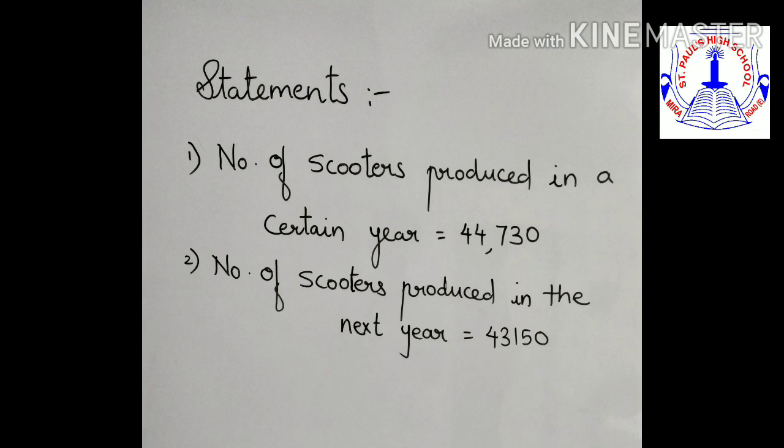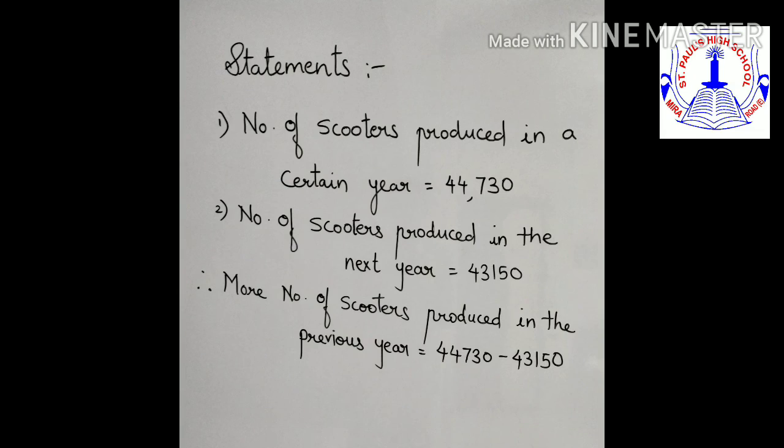Second statement will be number of scooters produced in the next year is equal to 43,150. Third statement is therefore more number of scooters produced in the previous year is equal to 44,730 minus 43,150.